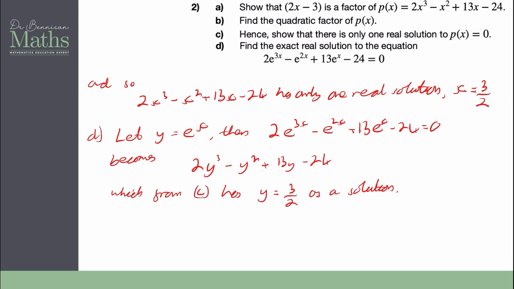But y equals e to the x, so hence e to the x equals 3 over 2, and taking logarithms of both sides, x is equal to ln, natural log of 3 over 2.